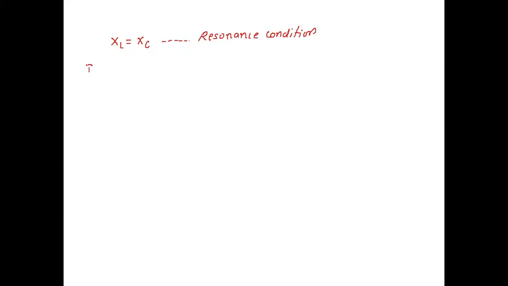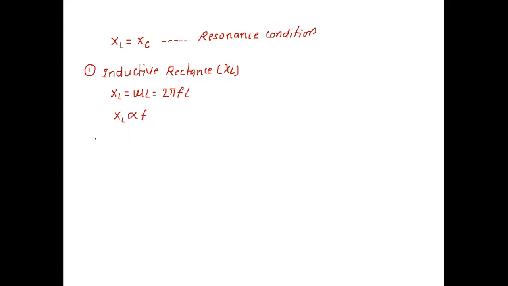Because as we know, inductive reactance is represented with XL. What is meant by this XL? As we know, XL is equal to omega L, which is equal to 2 pi FL. So may I say here, XL is directly proportional to the frequency.